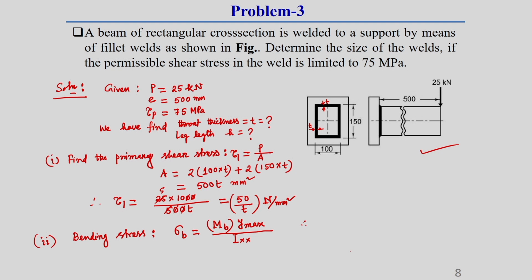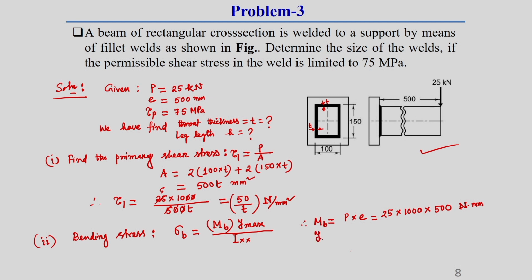Mb we can calculate using P into the eccentric distance, which is already given. So, P is 25 into 1000 into e, which is 500. So, we can get Mb, and the unit will be Newton millimeter, because this is force into distance.